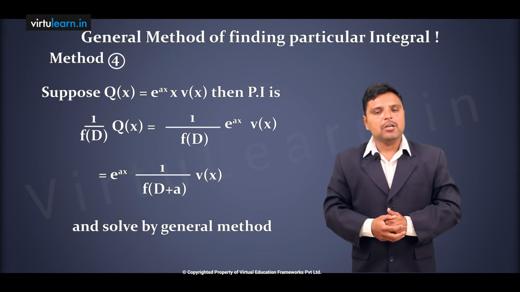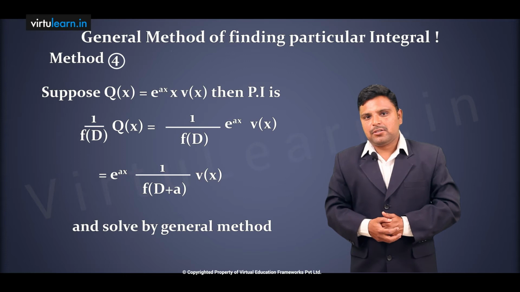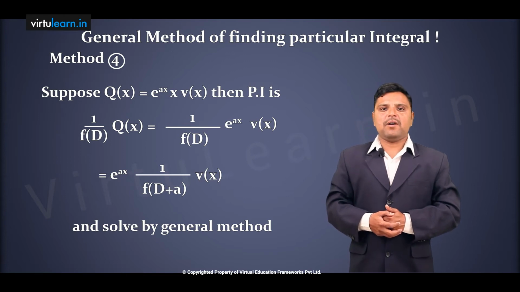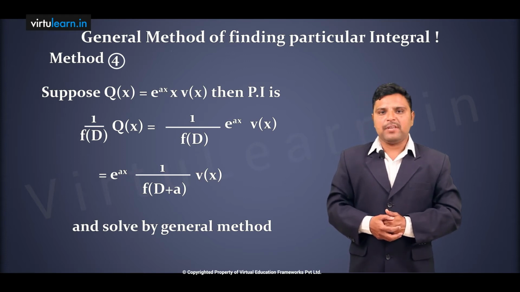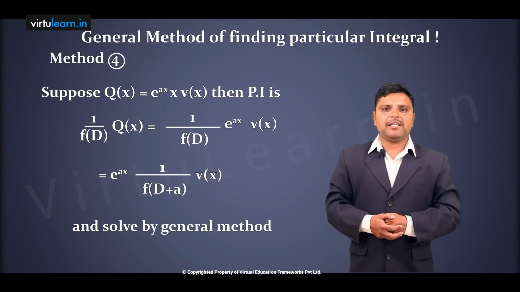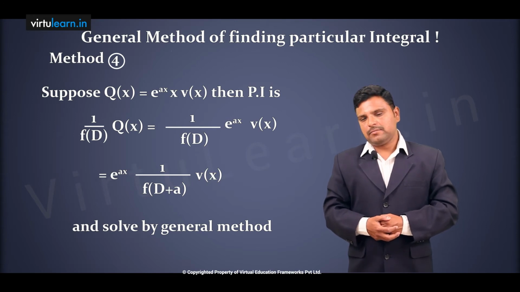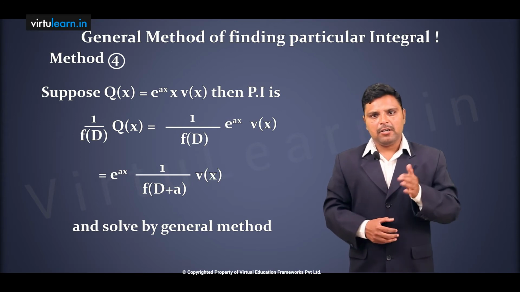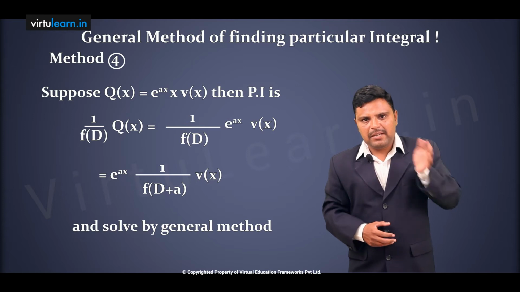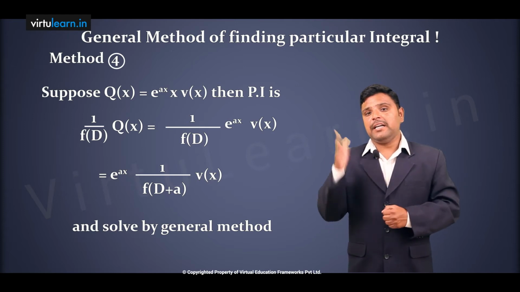Once again, q of x equal to e power ax into v of x. The formula is 1 by f of d into e power ax into v of x, means e power ax is outside, e power ax into 1 by f of d plus a into v of x. You solve this particular integral by using the previous 3 methods. This is nothing but method 4 particular integral.